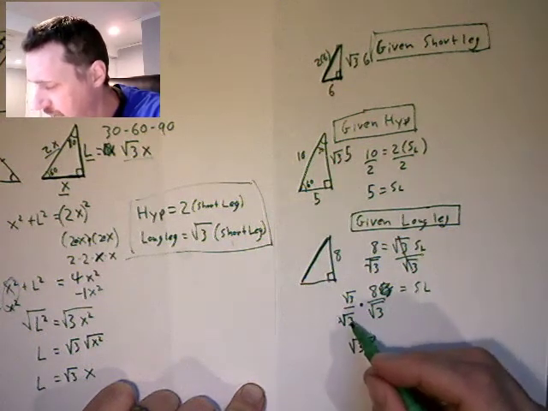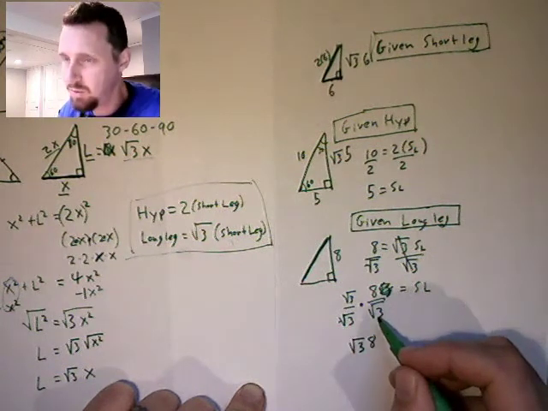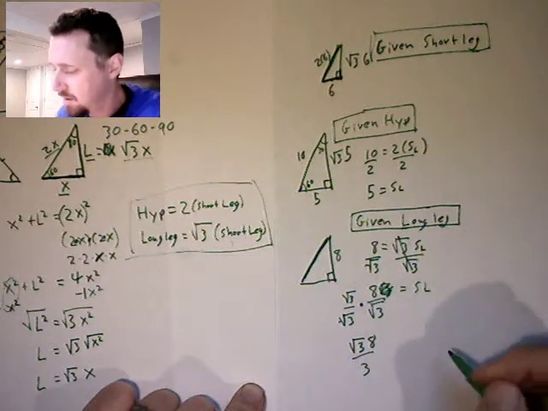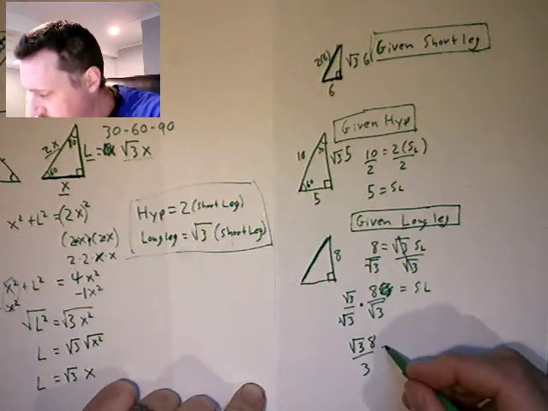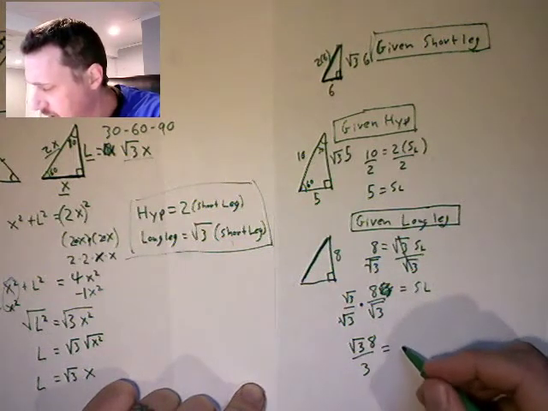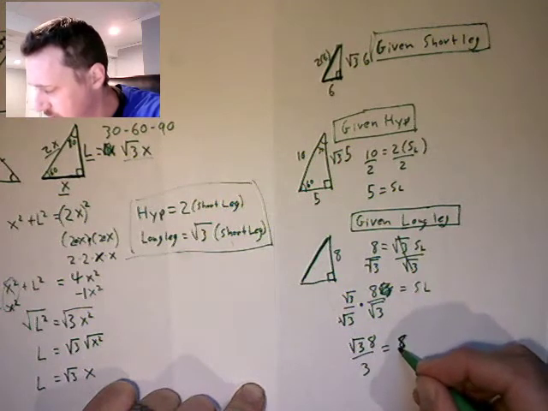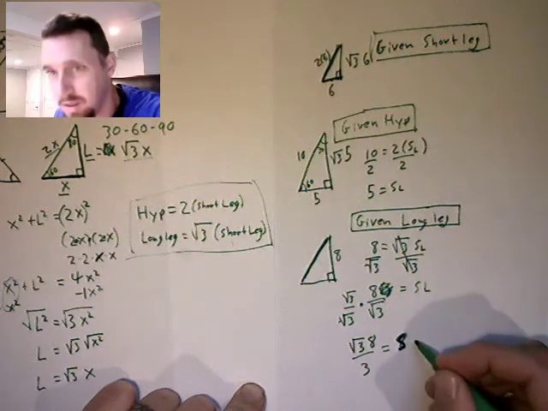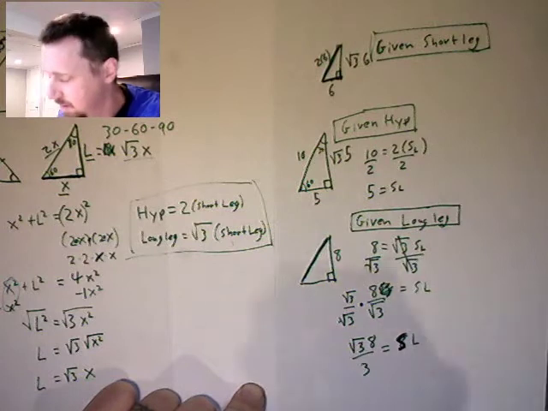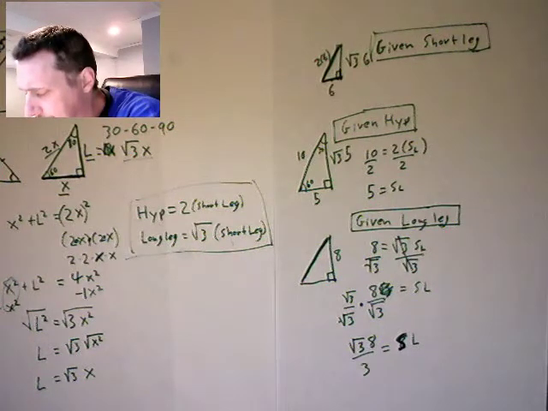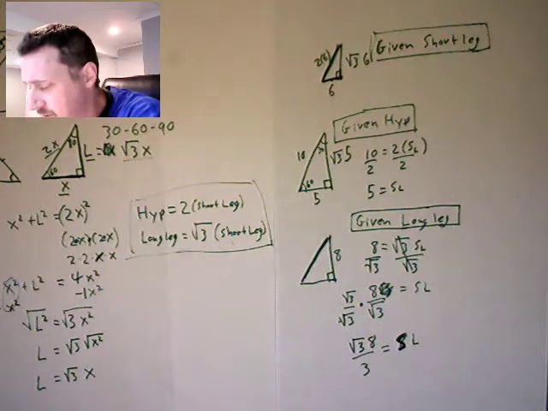And on the bottom of my fraction, well, the square root of 3 times the square root of 3 is 3. And that is equal to the short leg. Okay. That is an acceptable answer.